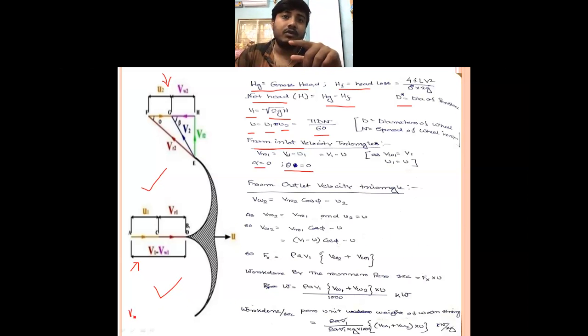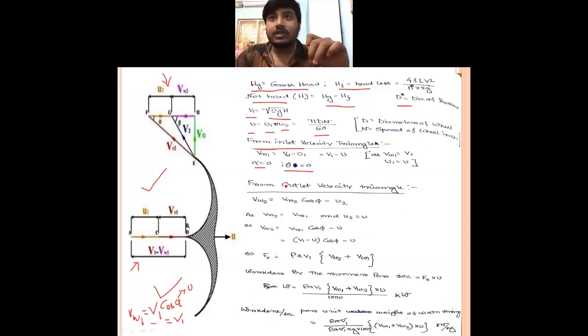We know that VW1 is equal to V1 cos alpha. As alpha is equal to 0, VW1 will be the same as V1.